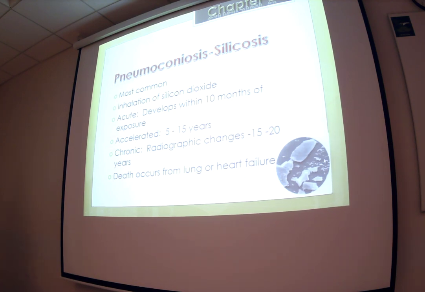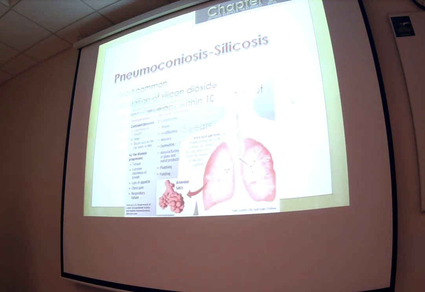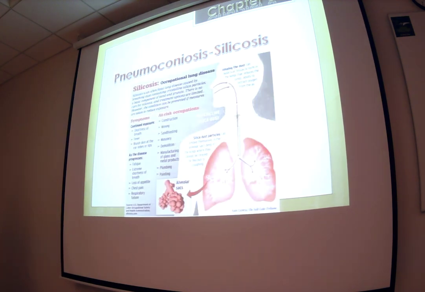Death usually occurs from lung or heart failure somewhere down the line. So this silicosis is an occupational lung disease. It is often fatal.